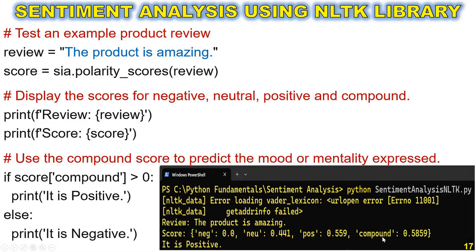That compound will get the highest score among the three. The highest score is 0.559. Probably it uses some formula to get 0.5859, which is near to that. So, in this if statement, if the compound score is greater than 0, it is positive.